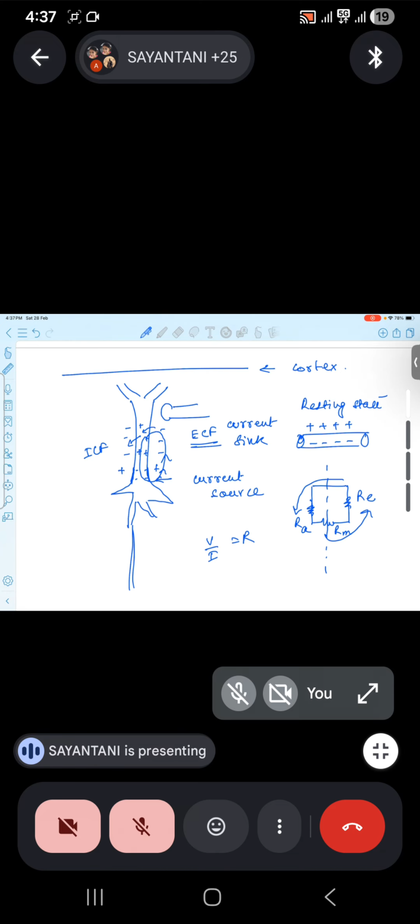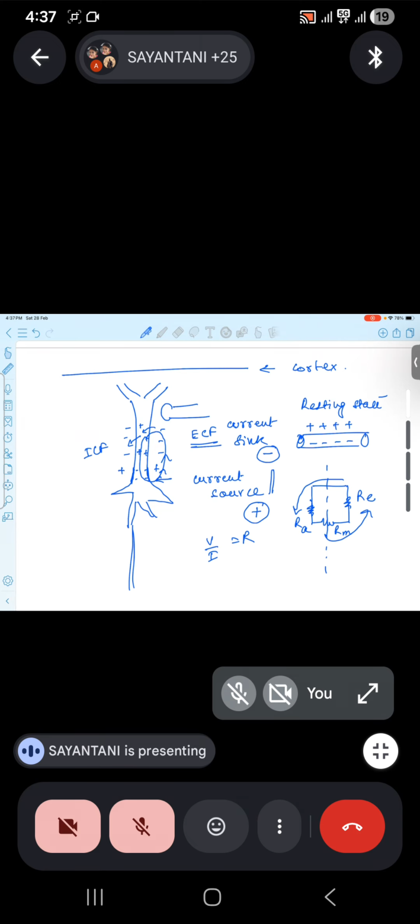So over here, current sink means there is an accumulation of negative charges in the ECF, and current source means there is an accumulation of positive charges. That means it is quite analogous to a dipole you have studied in physics. So a dipole is being created. This is one negative charge, this is one positive charge, and they are separated by a short distance.